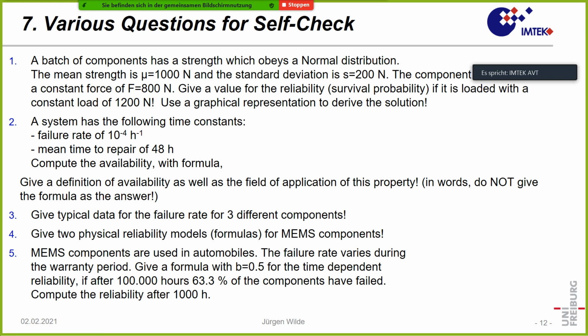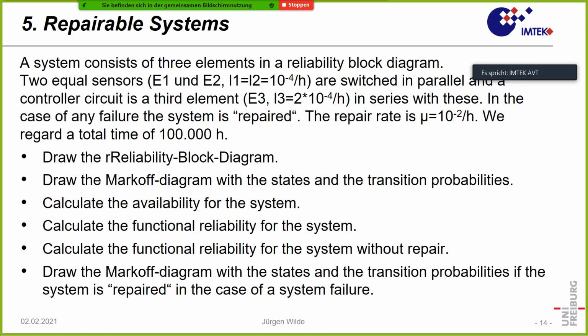Give a value for the reliability, that is the survival probability, and also give it in the case of 1200 Newton. So we use a graphical representation to derive that solution. What's your idea? How can we solve that whole thing?